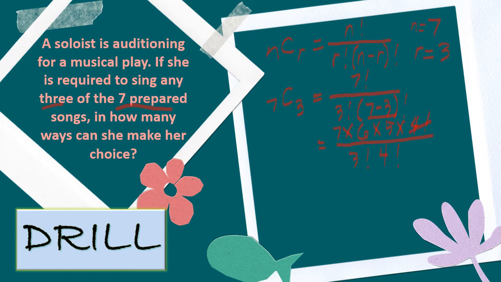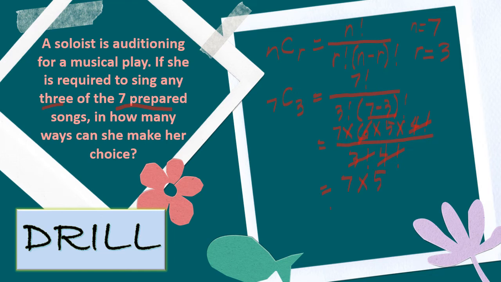Same si 4 factorial. 4 factorial na nasa denominator and sa numerator, kaya ika-cancel out natin yan. 3 factorial is equal to 6. So, ika-cancel din natin yung 6 sa numerator and 3 sa denominator. So, ang matitira dyan, 7 times 5.